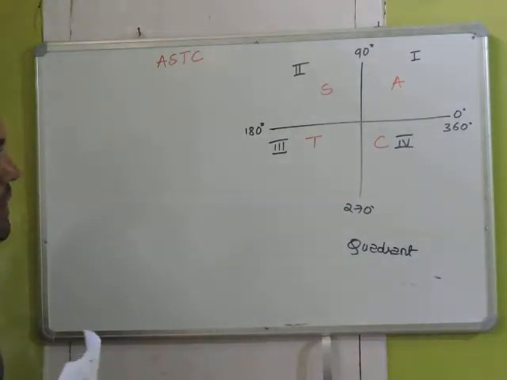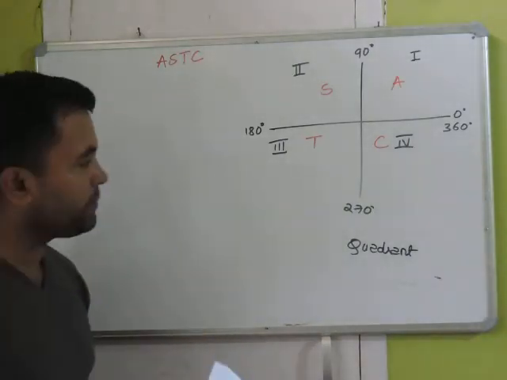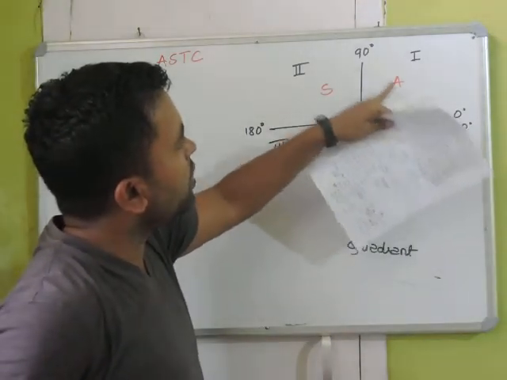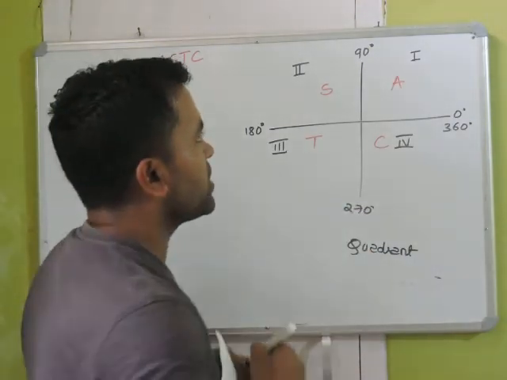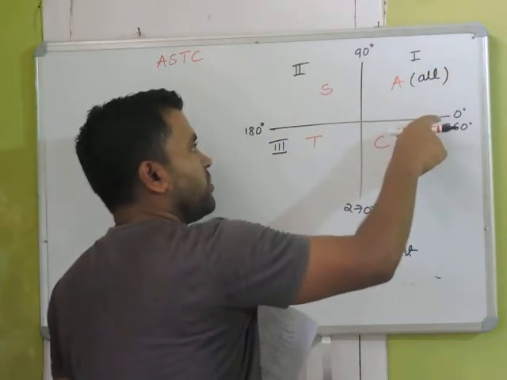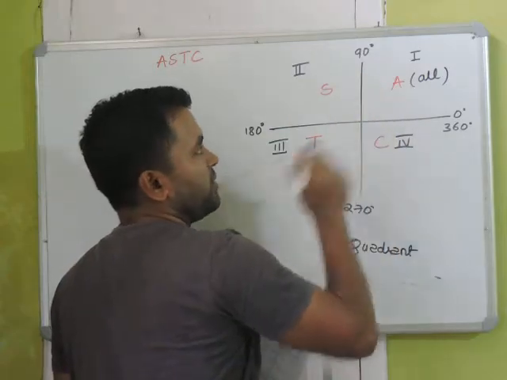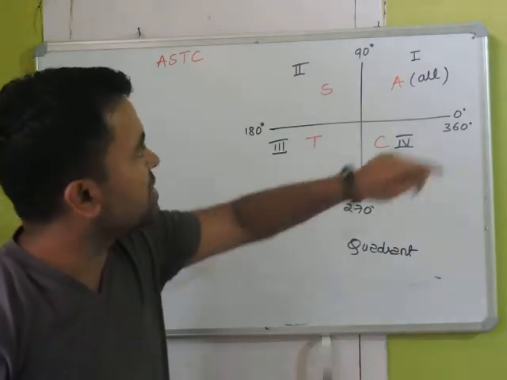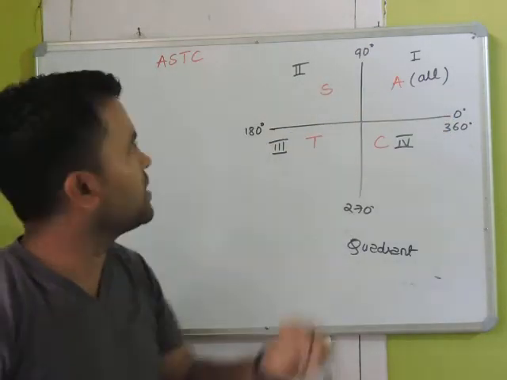Now what does that mean? It means that between 0 and 90 degree, all the functions, all means all the 6 functions, are positive. So all the trigonometric function values between 0 and 90 will be positive.